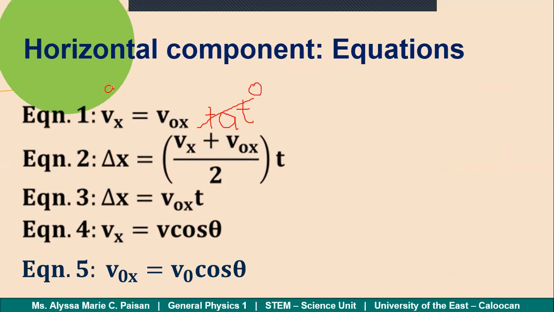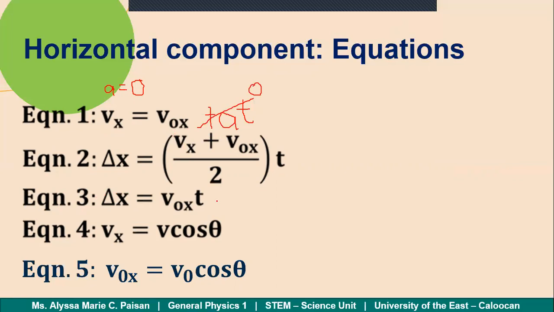And the reason why is since there is no change in velocity, meaning there is no change in the speed of the object kasi nga kanina di ba pare-pareho. And then as you will notice as well, lahat ng values niya ay positive, meaning the direction is constantly going towards the positive direction. No change in speed, there is no change in direction, meaning there is no acceleration, or in other words, acceleration is equal to 0. Kaya nag-0 tong part na to, which gives us V sub x is equal to V naught x.